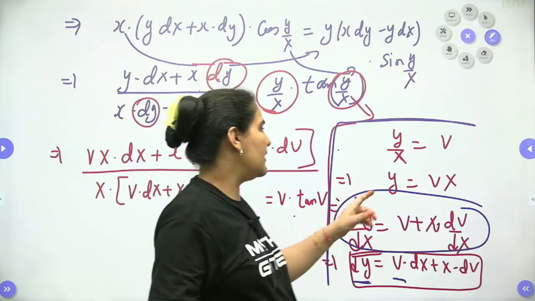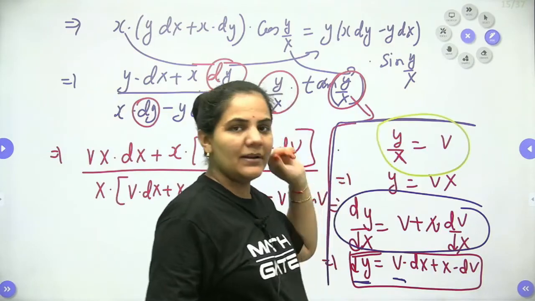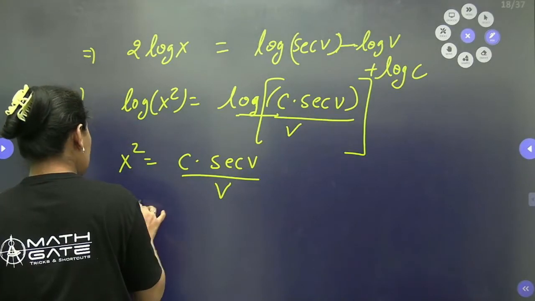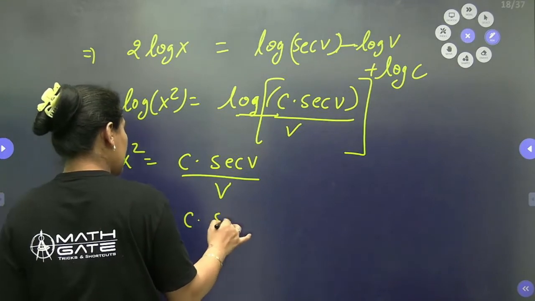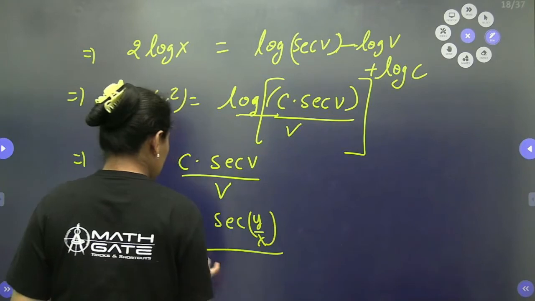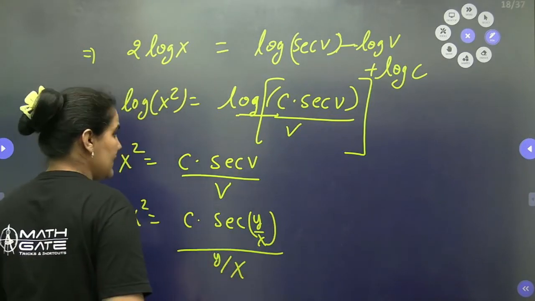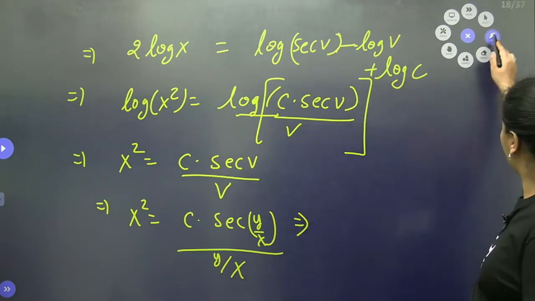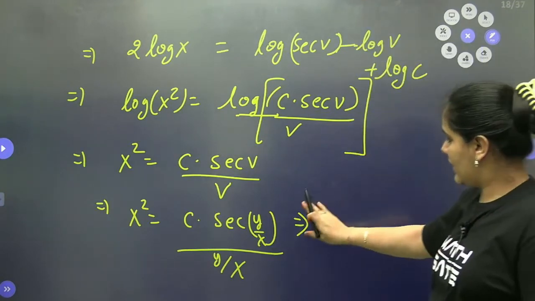We were taking v as y by x. Let's put the value of v. So when we put the value of v, it will be x square, c as it is, and at the place of v, we can put y by x. So let's approach it again, dear students. Now finally we are going to have the answer.